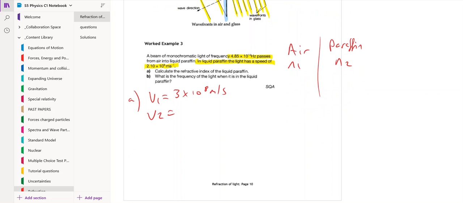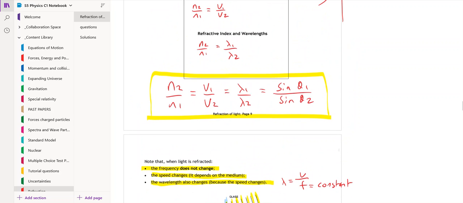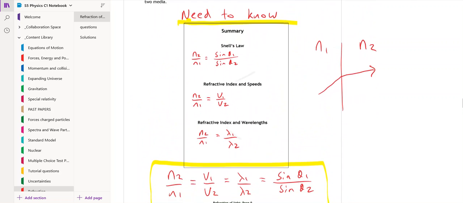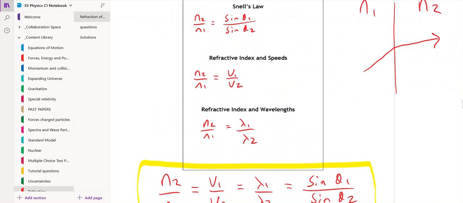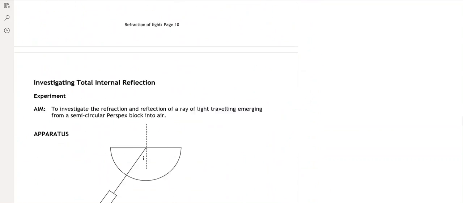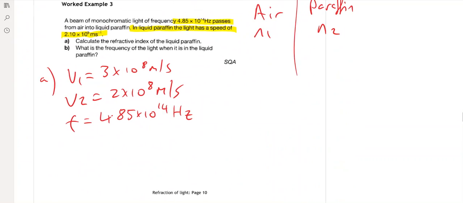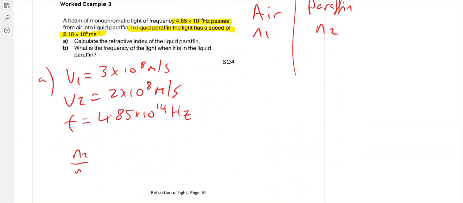The speed given to us is 2 times 10 to the 8 meters per second, so it's traveling slower in the paraffin than it is in air. Frequency is 4.85 times 10 to the 14 hertz. Calculate the refractive index. We can use our formula for refractive index and speed: n2 over n1 equals v1 over v2.